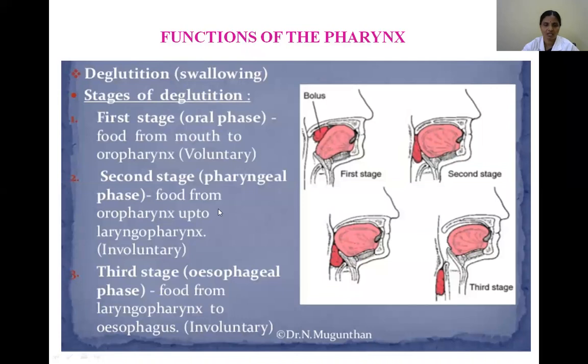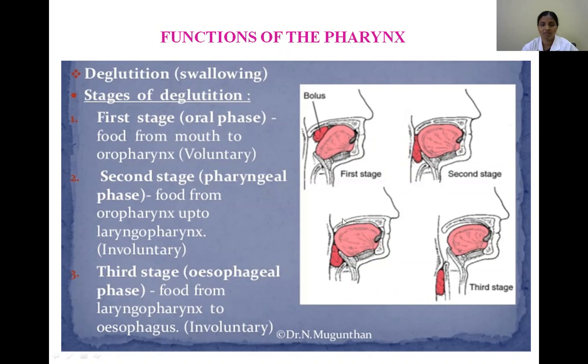So how does it occur? Once the bolus appears in this oropharynx, it should not be regurgitated back to the oral cavity, or above into the nasopharynx. Immediately once the bolus appears in the pharynx, the longitudinal muscles of the pharynx as well as the elevators of the soft palate contract.